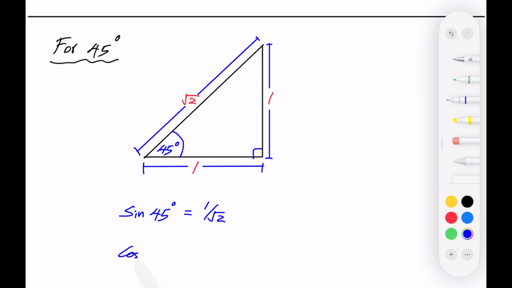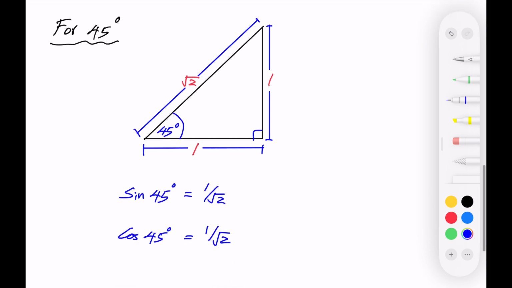Similarly, cosine 45 degrees should be equal to adjacent over hypotenuse, which is also 1 over square root 2. Similarly, tangent 45 degrees should be equal to opposite over adjacent, 1 over 1, which simplifies to be equal to 1. Finally, we will look at the trig ratios for 90 degrees.